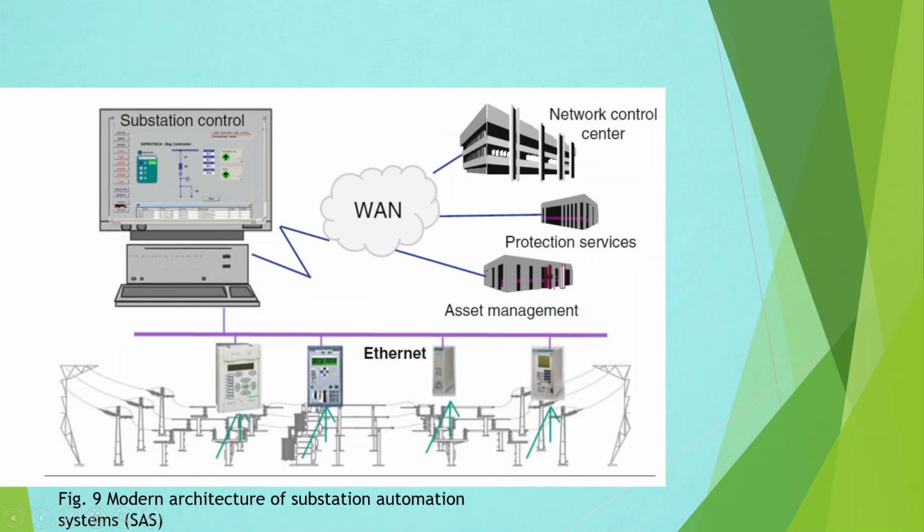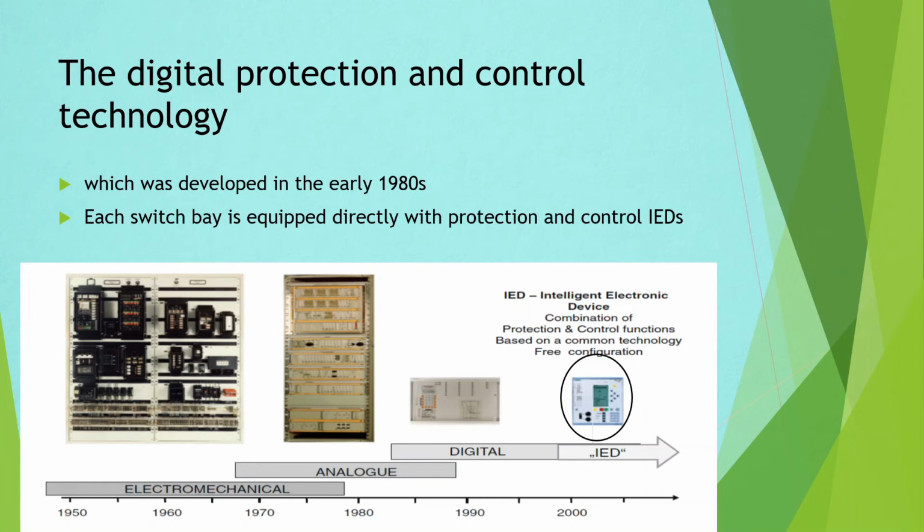Now let's look at the modern architecture of the substation. The control scheme walls have also been replaced by industrial computers offering an Ethernet interface for communication with the bay IEDs, as shown in figure 11. That is, in this particular figure, with the help of IEDs.